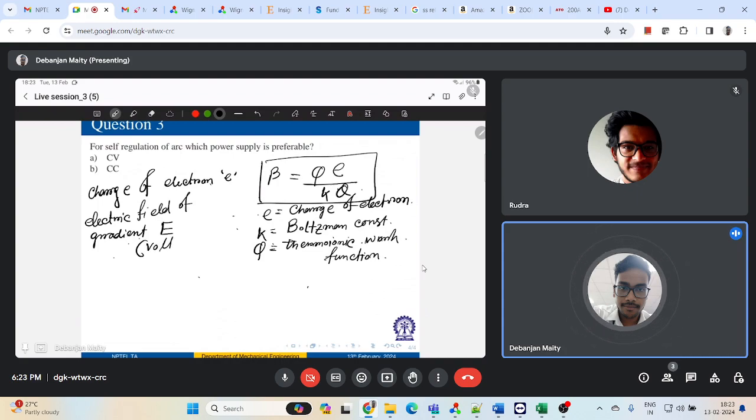It will be volt per unit of distance, so it can be mm, meter, whatever.